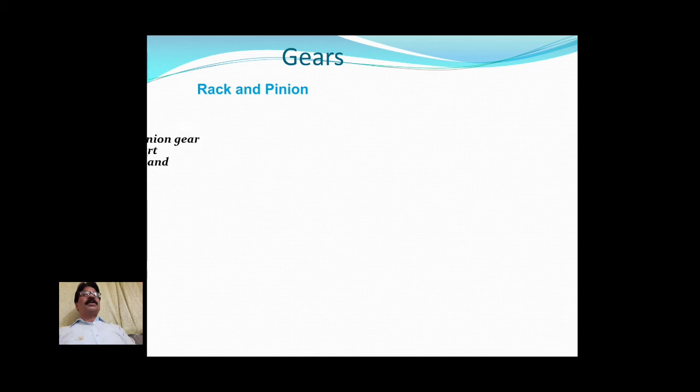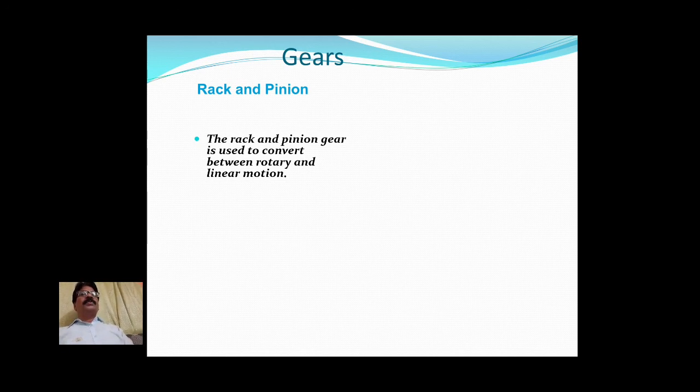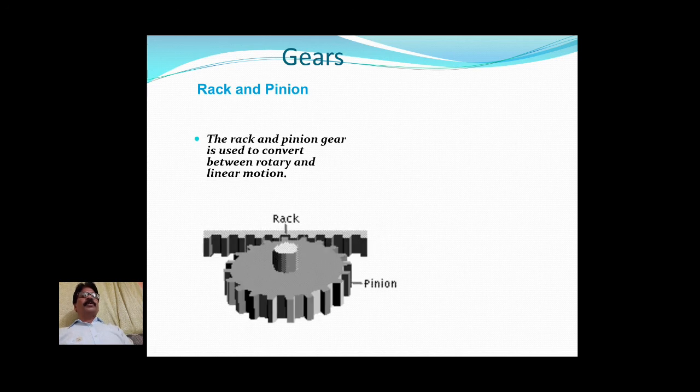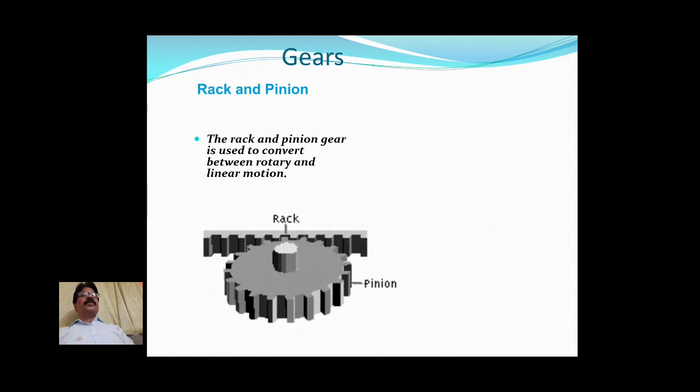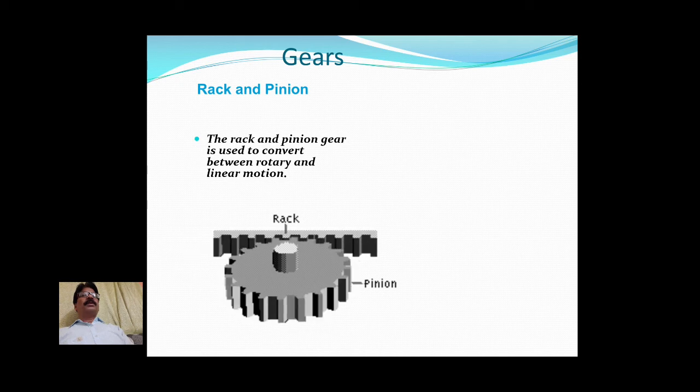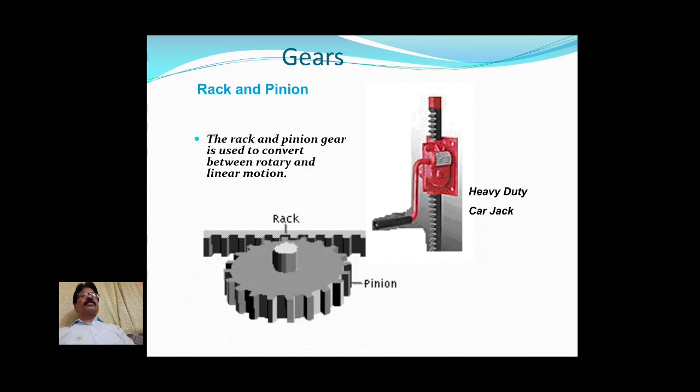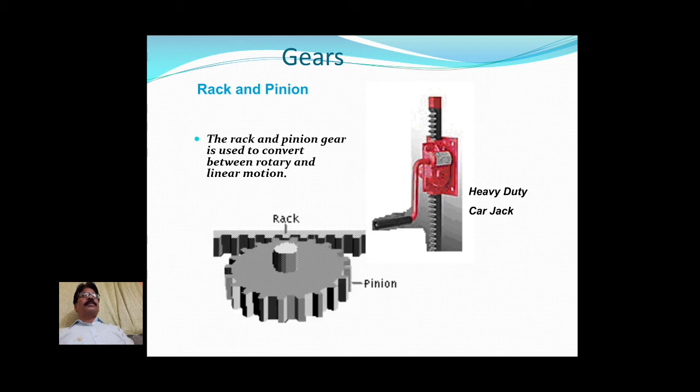The next type is rack and pinion. The rack and pinion gear is used to convert between rotary and linear motion. Rotary motion can be converted into linear or vice versa. You can see here in the animation, one is a rack, another is a pinion. Here the driver may be the rack or pinion or vice versa. The example for rack and pinion is your car jack.